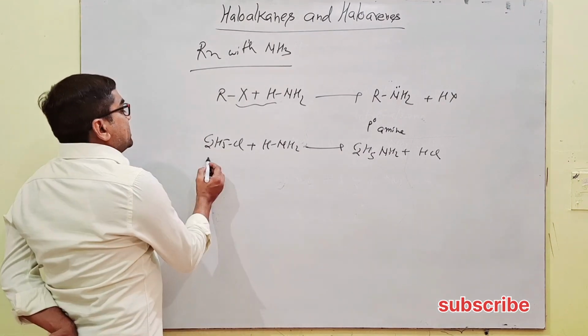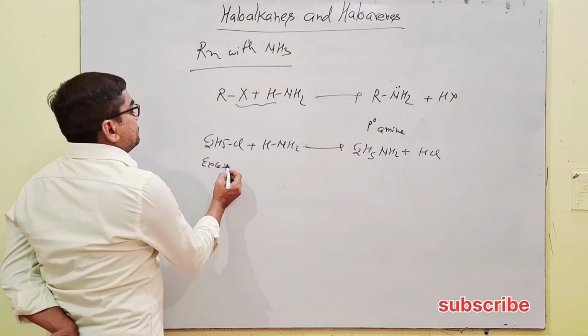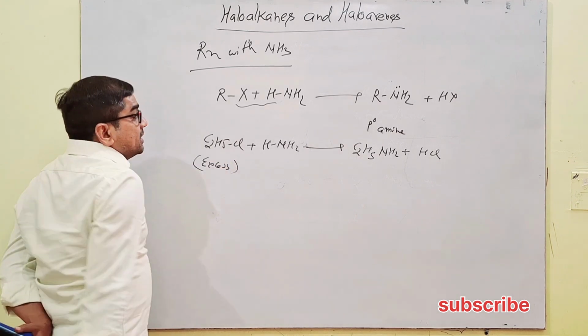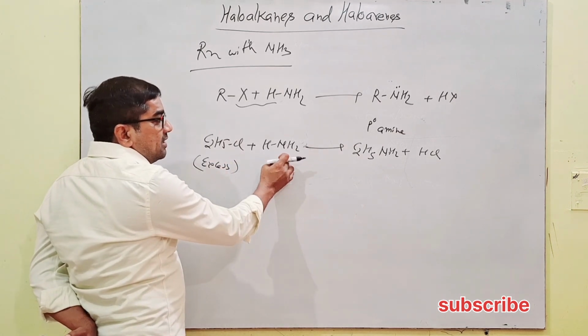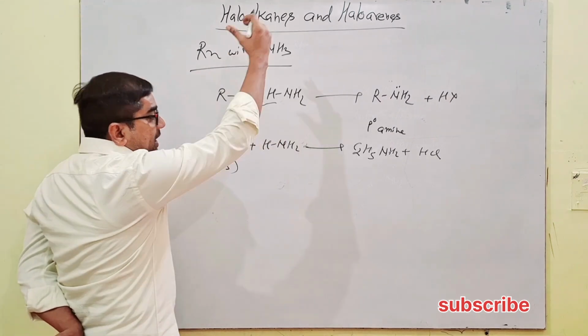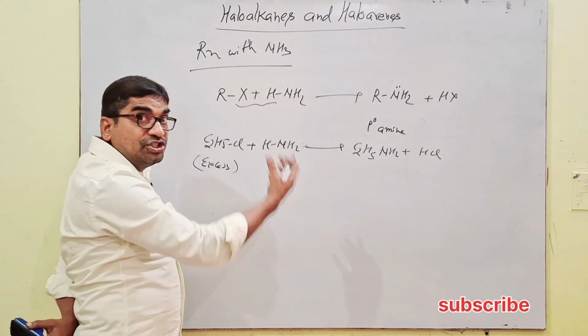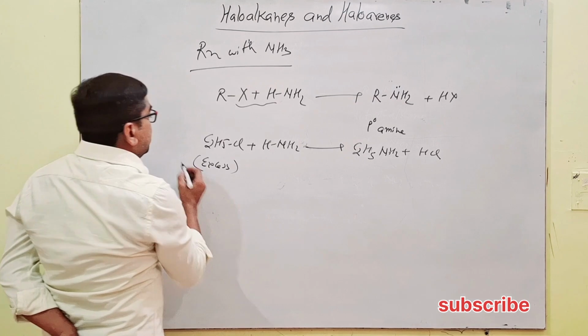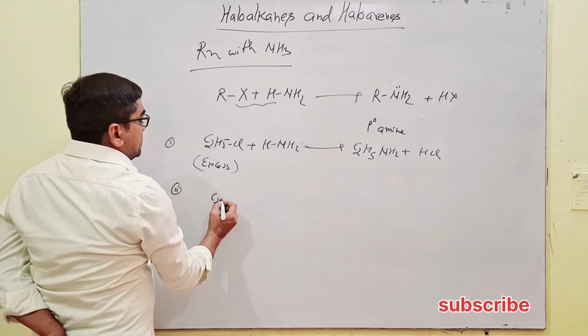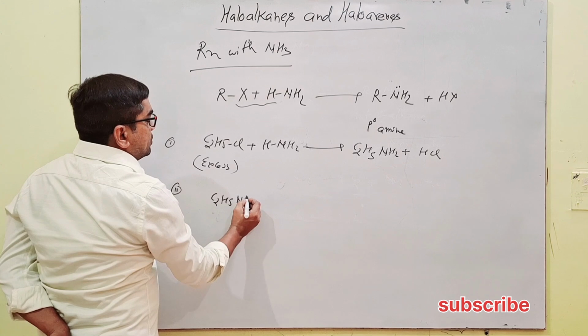But when excess alkyl halide is taken, all the hydrogens of ammonia are substituted one after another and a mixture of products is obtained. In the first step, C2H5NH2, the primary amine, forms.